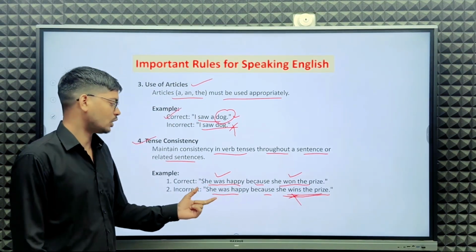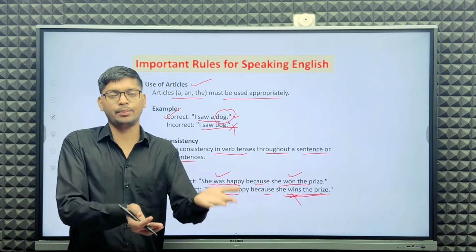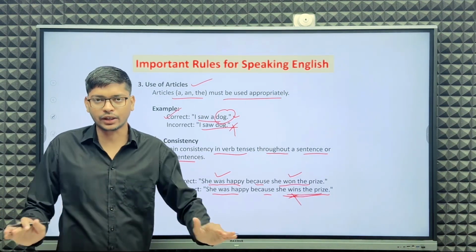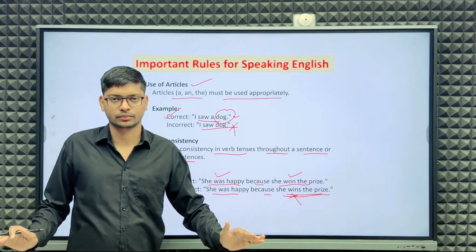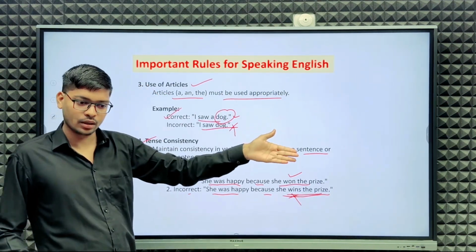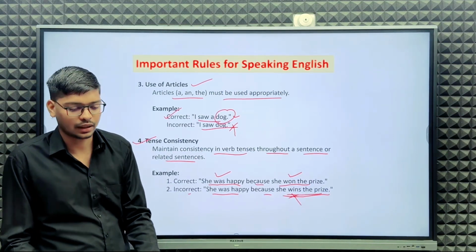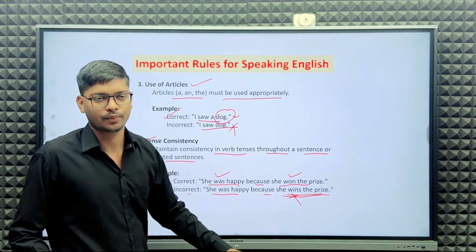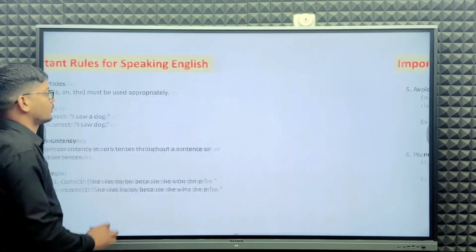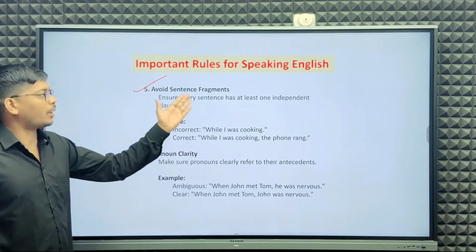Because she was happy in past time, but she wins the prize cannot happen, because she was happy, but the prize wins at the same time. So this is wrong. So next rule here, avoid sentence fragments.